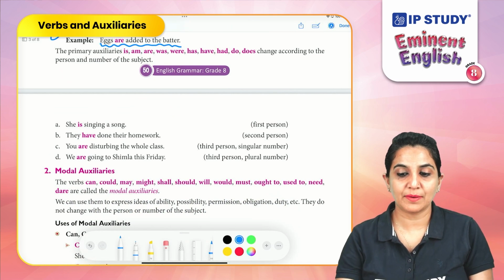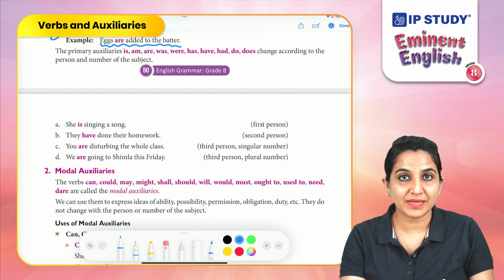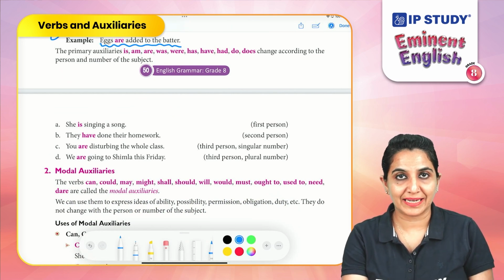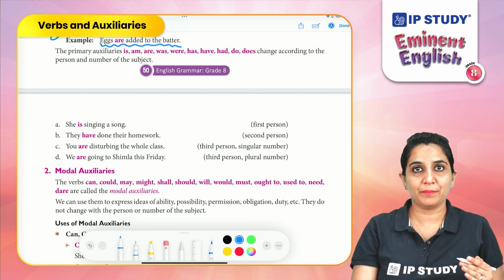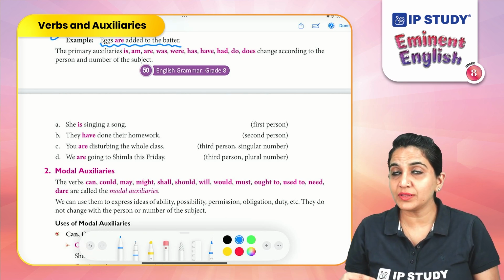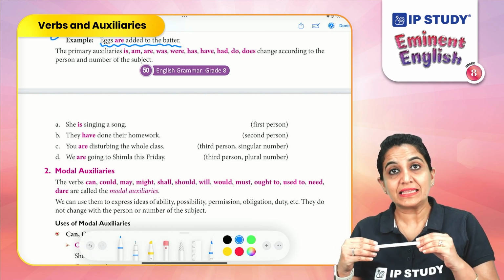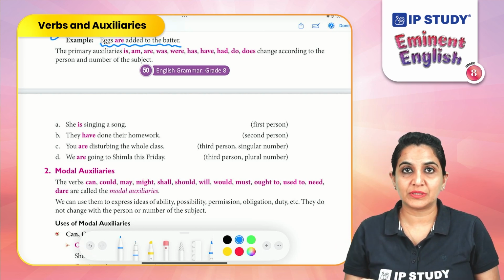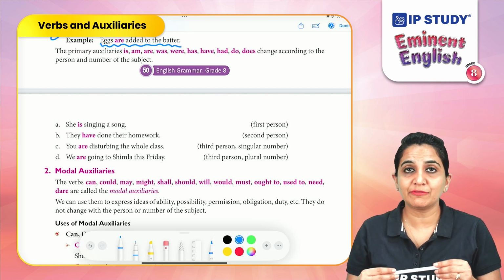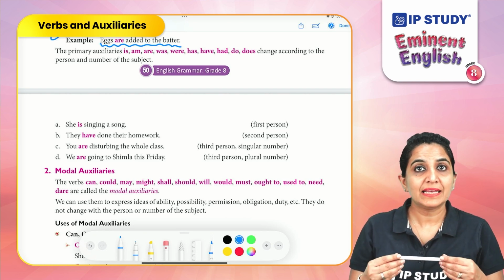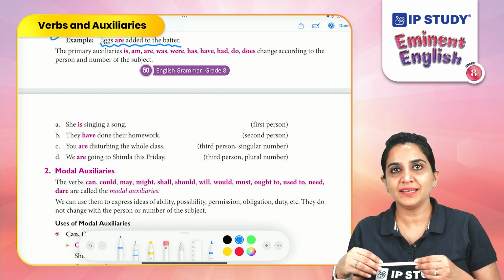Let's read some more examples to understand the primary auxiliaries in detail. But before we go forward, let us remember that all the primary auxiliaries change according to the number or the subject. For example, if the subject is in plural form, we will have to change the auxiliary verb.